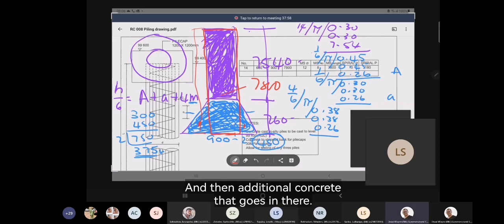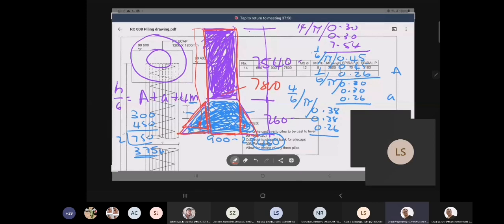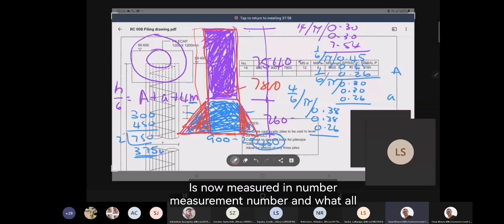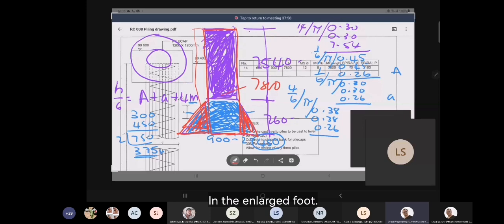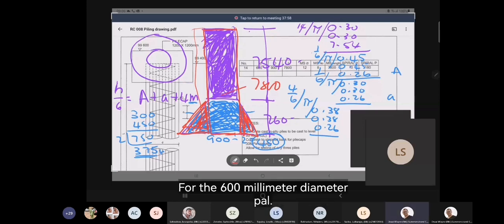And the additional concrete that goes in there is now measured in number. Measured in number, and all we are doing is that the contractor will therefore have to determine what the volume is of that concrete that has to go in there. So we say additional concrete 30 MPa in the enlarged foot, 900 millimeter diameter for the 600 millimeter diameter pile.